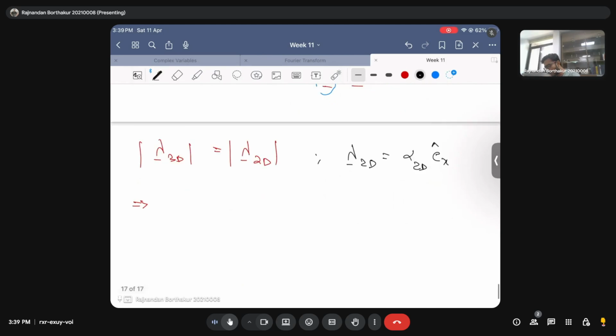And then the magnitude of lambda 3D, which is the wave number in 3D, is nothing but square root of alpha square plus beta square, and this exactly has to be equal to the magnitude of alpha 2D, which is nothing but square root of alpha 2D whole square, and this just comes out to be equal to alpha 2D.